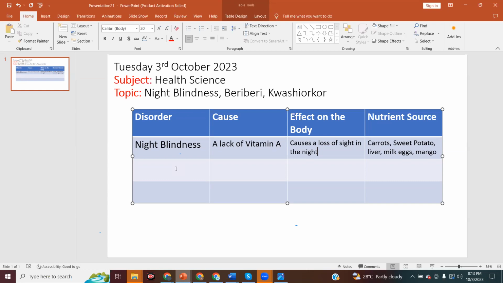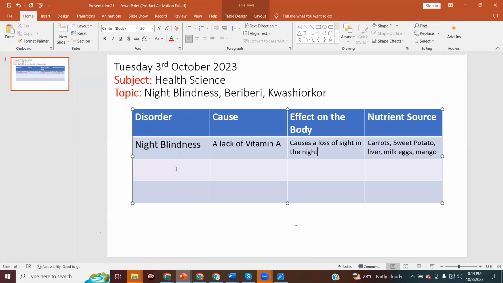Now, night blindness, what vitamin is lacking when you have night blindness? Vitamin A. And what effect does night blindness have on the body? Causes a loss of sight in the night. And where can we find vitamin A from?